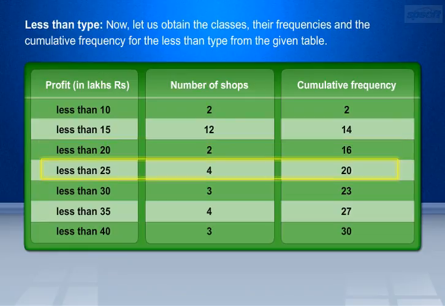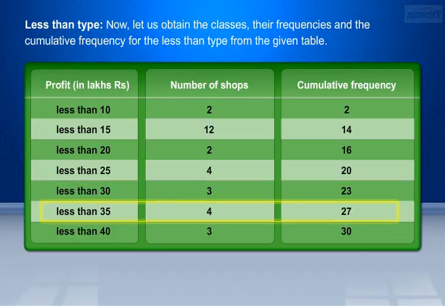For the class interval less than 25, the frequency is 4, then the cumulative frequency is 20, since 16 plus 4 equals 20. For less than 30, the frequency is 3, then the cumulative frequency is 23, since 20 plus 3 equals 23.